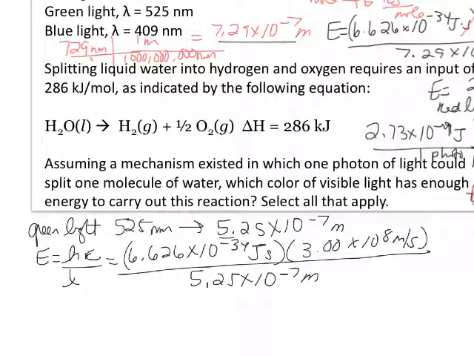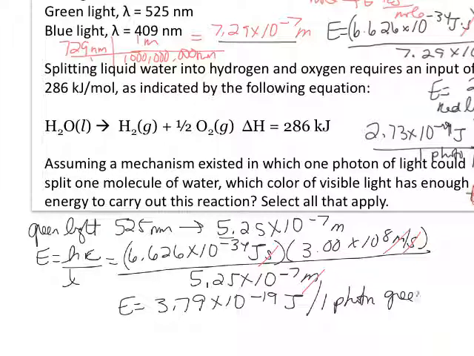You cancel out your units to give you joules, and this ends up being 3.79 times 10 to the negative 19 joules per 1 photon of green light.